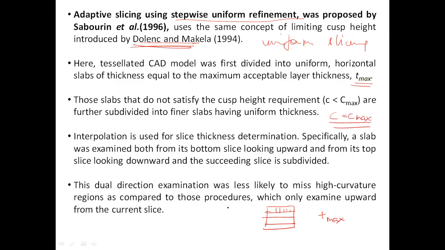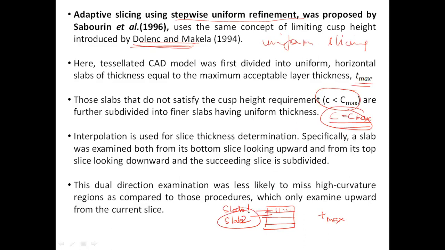If this is slab 1, this is slab 2. So like this, for every slab, they evaluated the basic condition that C equal to C max. Wherever these conditions were not satisfied, that slab was identified.